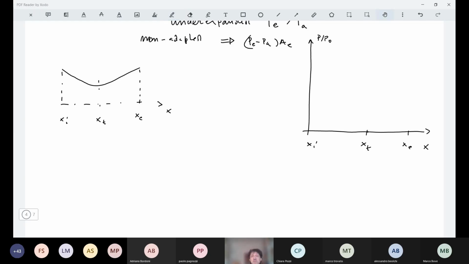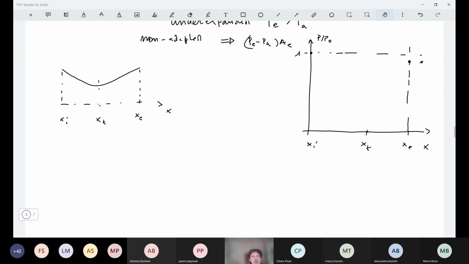So, of course, we have a first condition, the no flow condition. Here we can identify a value which is 1. The no flow condition is along this dashed line. Then, if we consider, for instance, this pressure value here at the exit, we will have a pressure slightly lower than the total pressure.